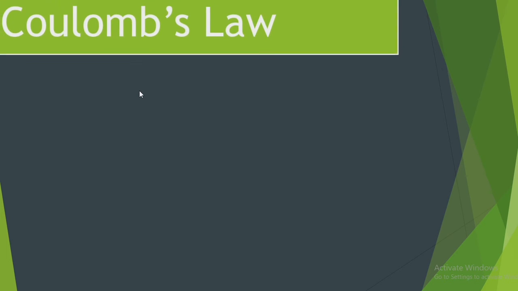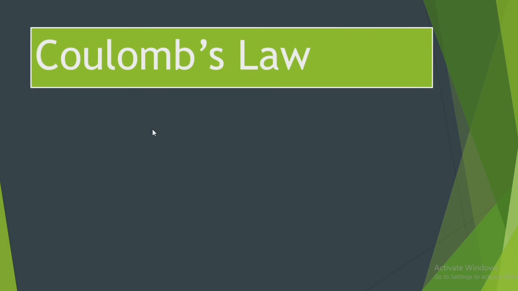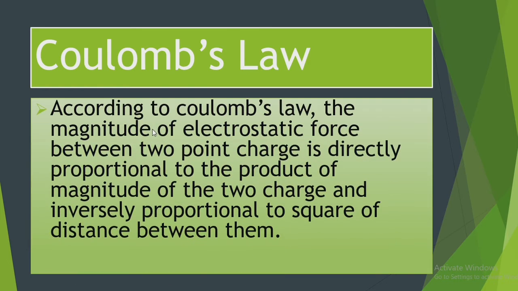Coulomb's law. According to Coulomb's law, the magnitude of electrostatic force between two point charges is directly proportional to the product of the magnitudes of the two charges and inversely proportional to the square of the distance between them, right?